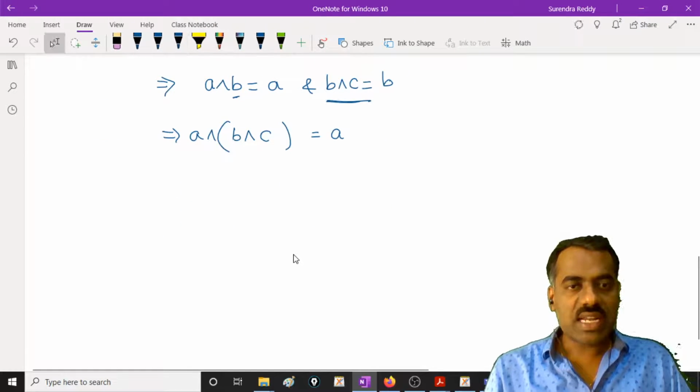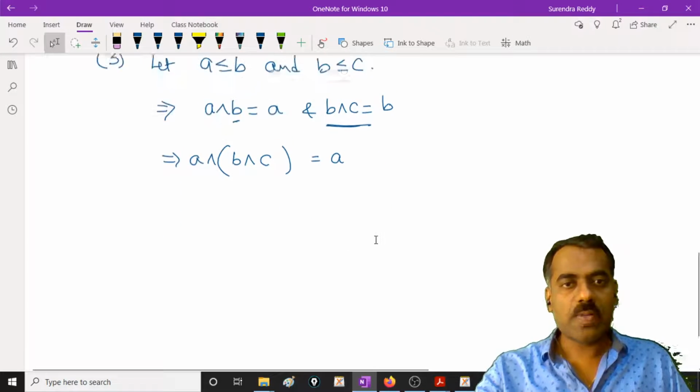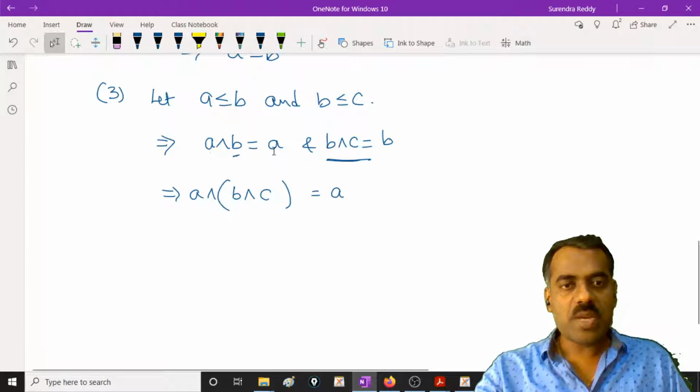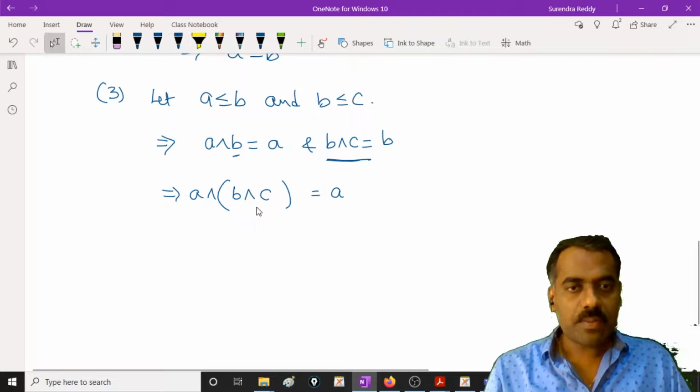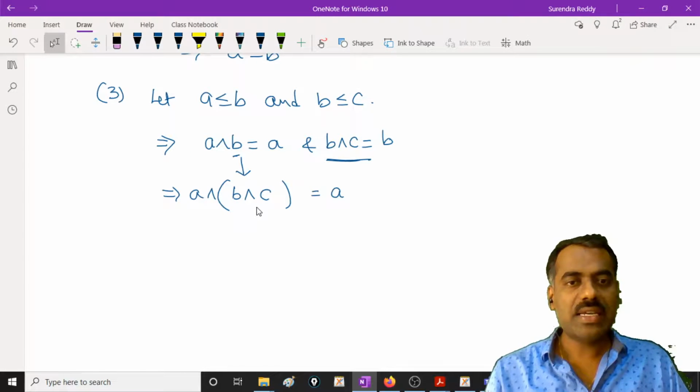Now we know that A meet B is A, right? A meet B is A. Then in place of this B, what I substituted is, we know that B is the same as B meet C, right? So therefore A meet (B meet C) is actually A only.